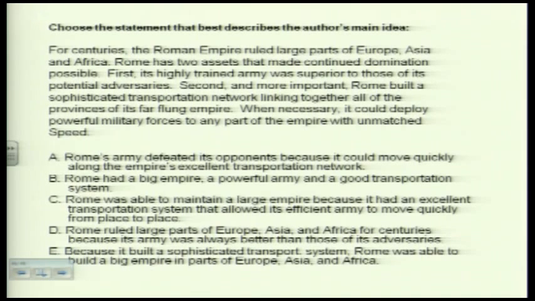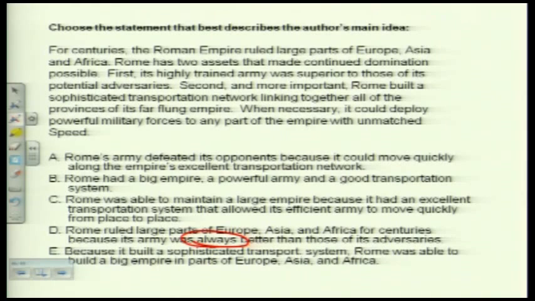Those are 2 separate things that make Rome a powerful empire, right? So that could go first. Another one that could go first is D. There is the absolute language here that you can see. Let me circle that. Was always better, right? The paragraph didn't say anything about being always better. So that will have to go.